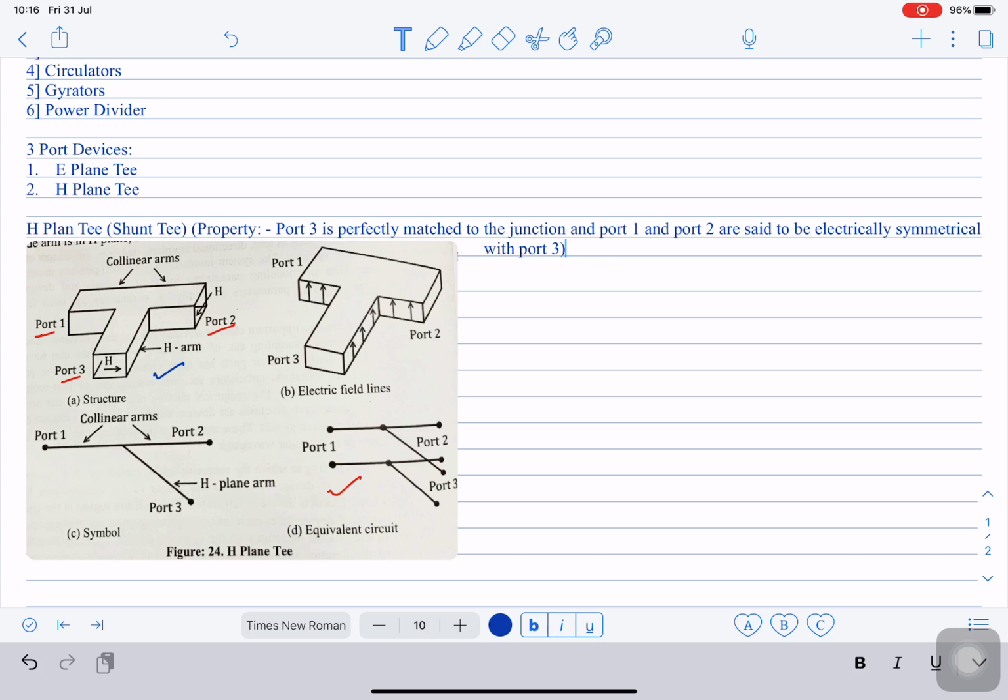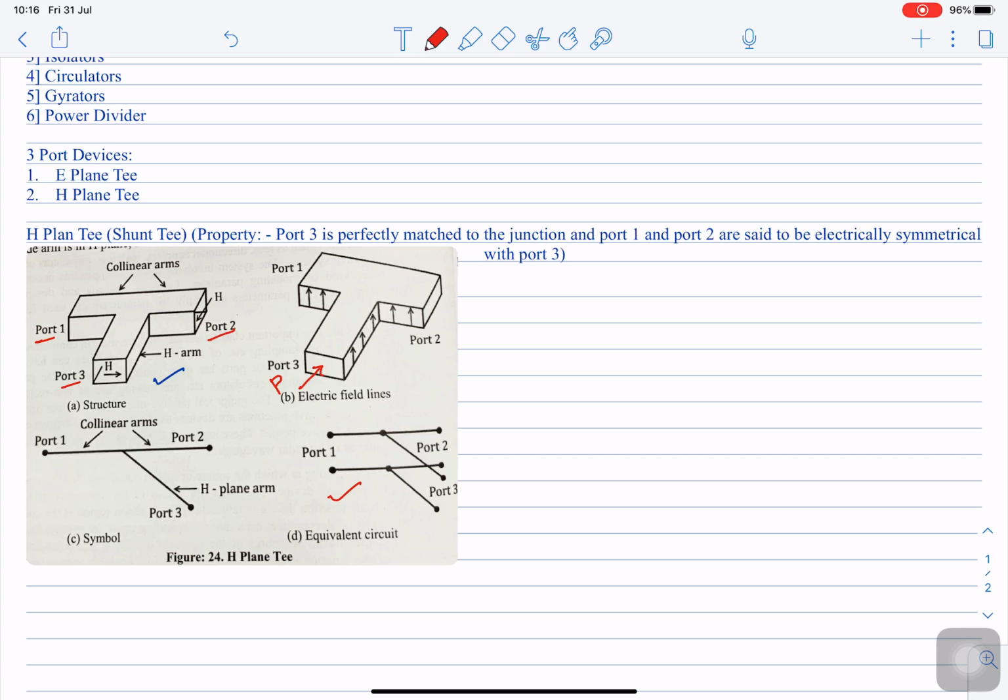Let us say the magnitude of power is capital P, then as the two remaining ports, port number 1 and port number 2, are electrically symmetrical, what will happen?